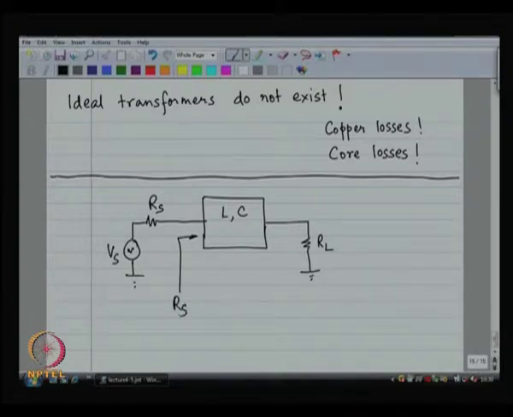Now, if I have a network which is made out of inductors and capacitors in front of a load resistance, is it possible to have the input impedance to be a resistor? It is not possible. Why not?